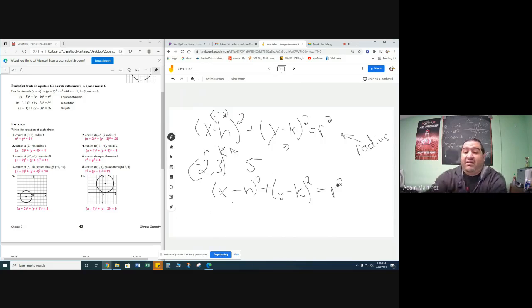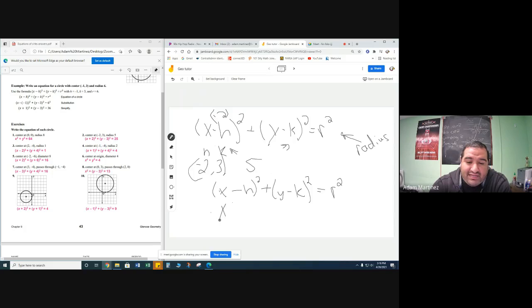Let's put it in. The first one's h, the second one's k. Remember we have to think in opposites. In order for this to be negative, up here it's going to have to be positive, because when we plug it in it's not going to be the negative 2 again.